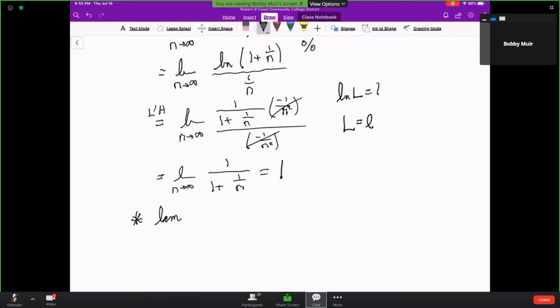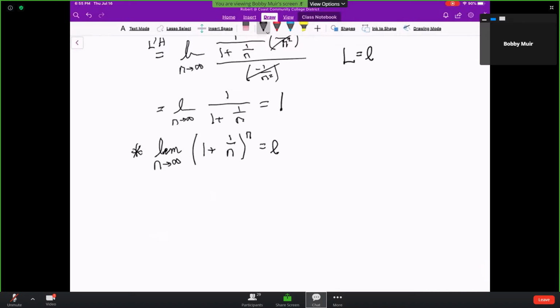The limit as n tends to infinity of 1 plus 1 over n raised to the n is e. And the fact that e is bigger than 1 and positive is very, very important for things to come.